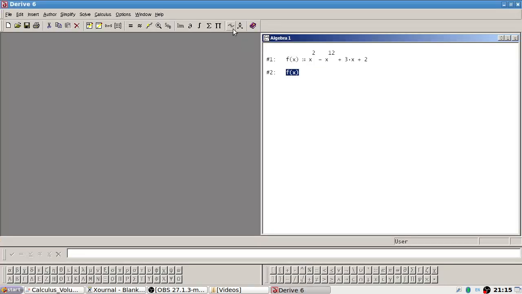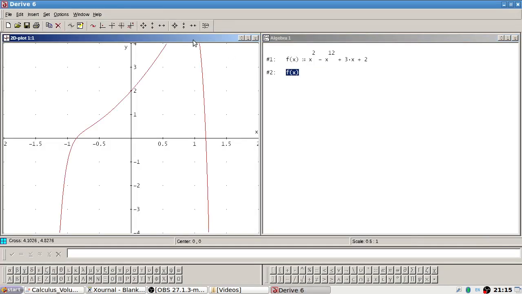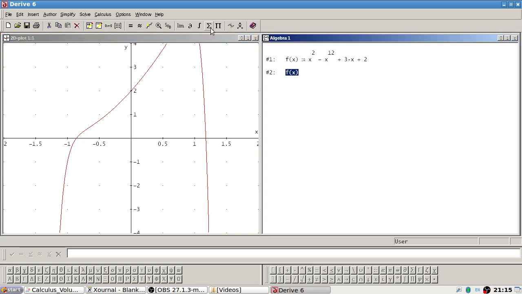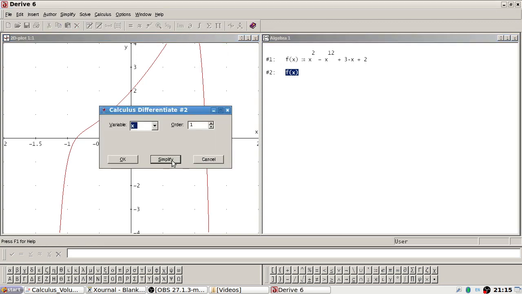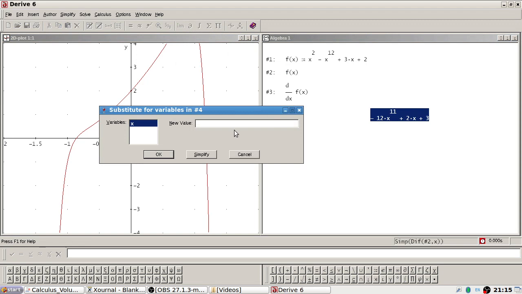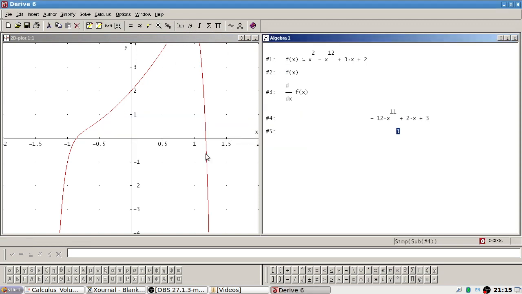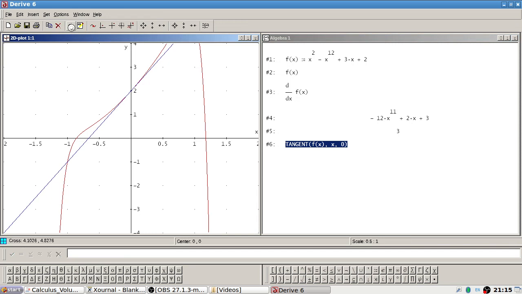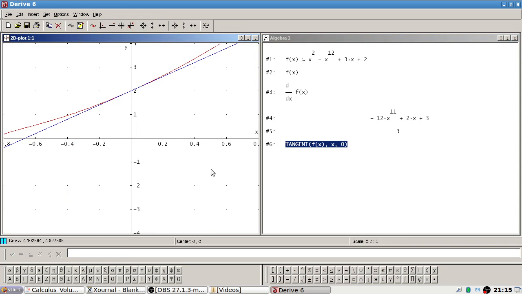And then this time we want the derivative at 0. And then we also want the tangent line at 0. Yeah, that's it there.